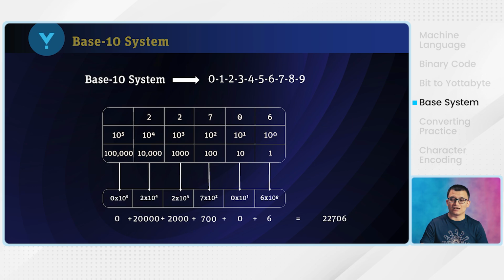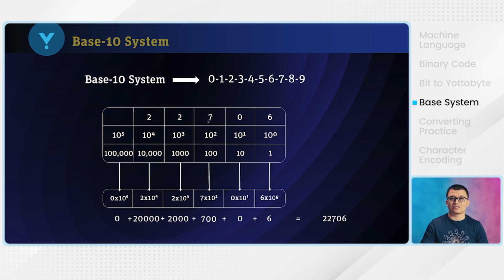And for the second digit, it is still the same. Okay. This second digit's value is also determined by multiplying it by the corresponding power of 10. So 10 to the power of 1 will give you 10. And if you multiply the 10 by its digit, which is 0, well, you will get 0.